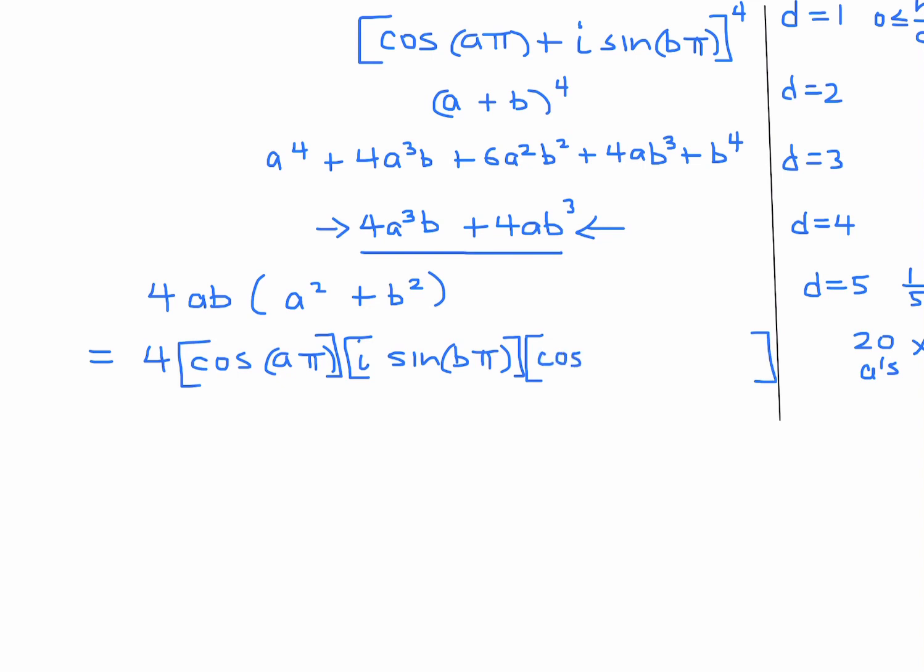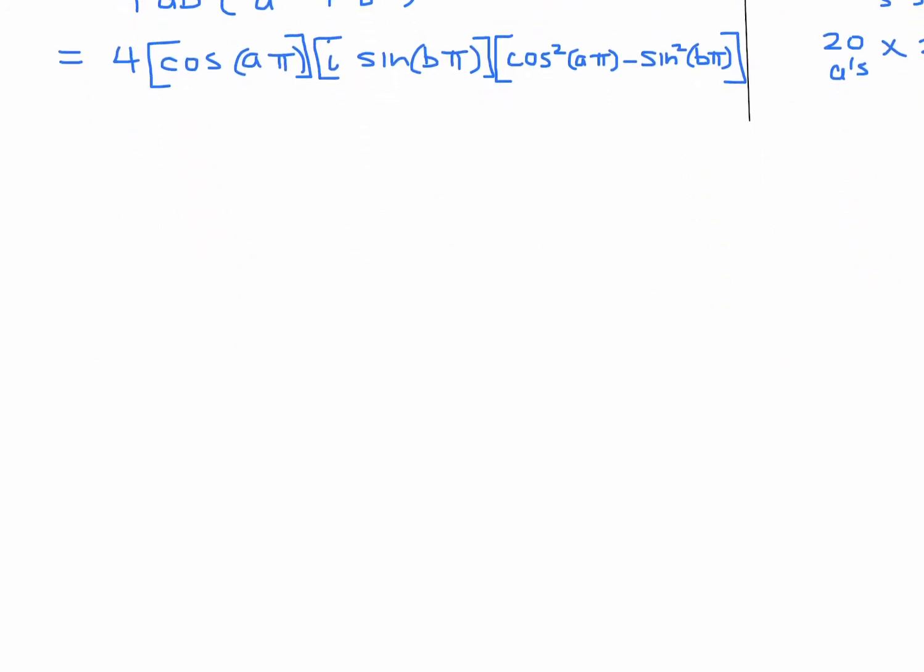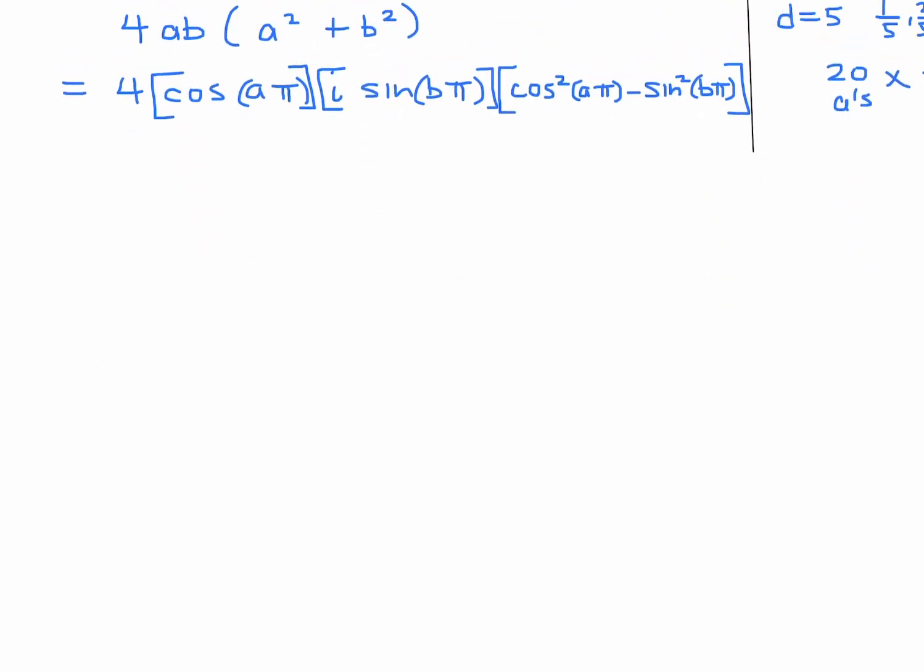So that's cos squared aπ. And then when we square this, it will become negative because i squared is negative 1. So it becomes minus sin squared bπ. There we go. So now we have to concentrate on this guy.